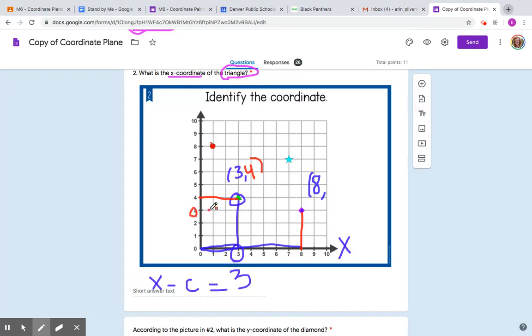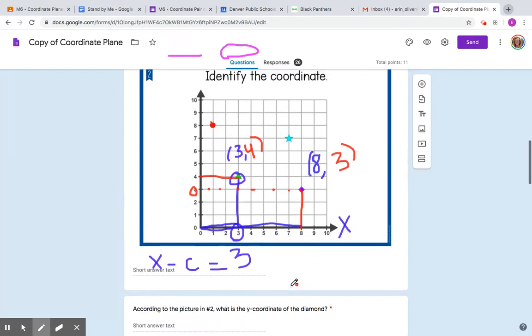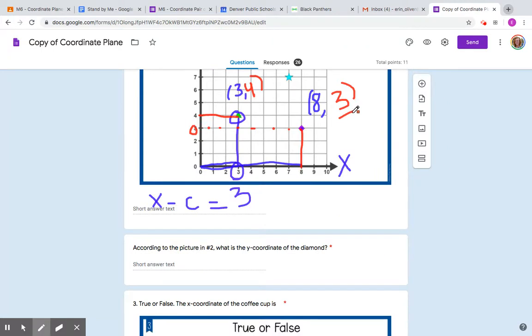And I can do my dotted line over, and it's 3. So my y-coordinate is 3, but I will accept it if you put 8, 3. Y-coordinate equals 3.